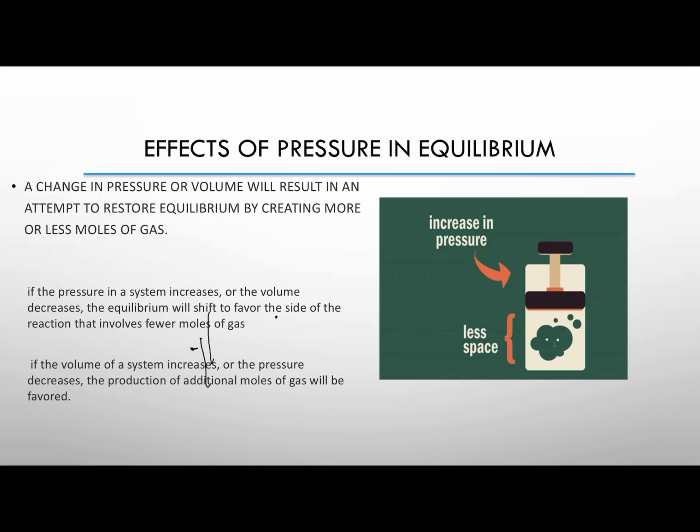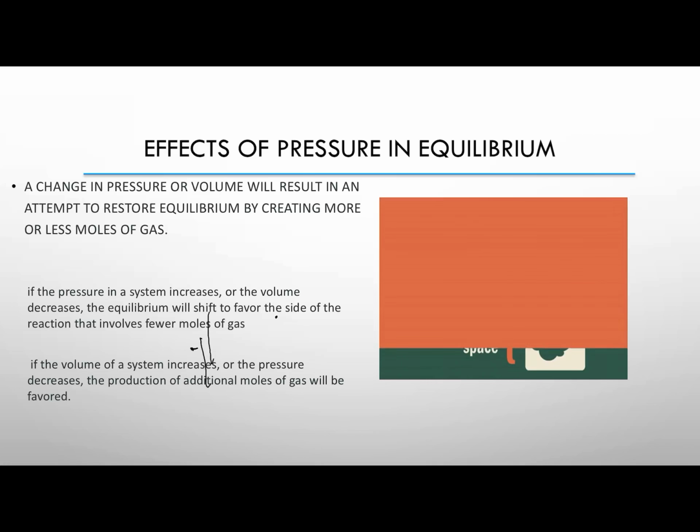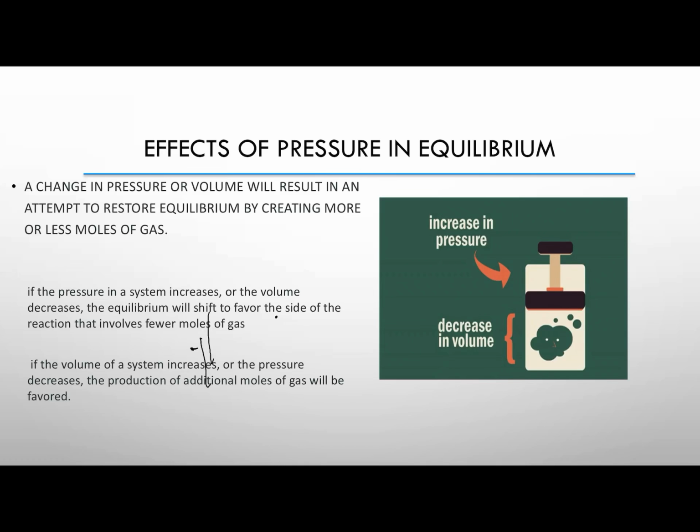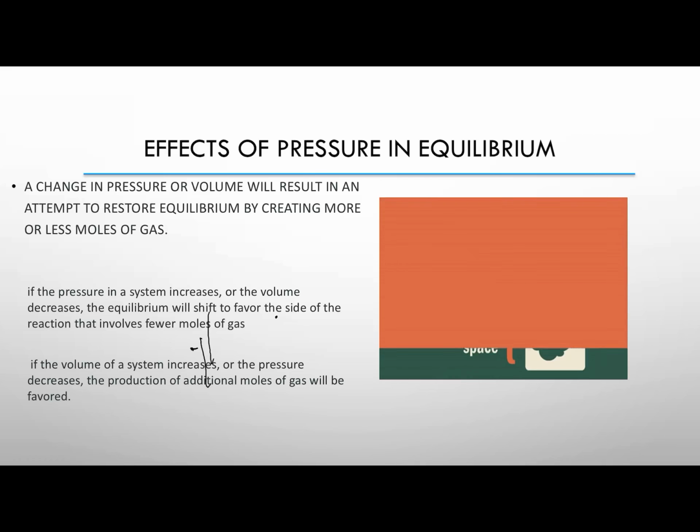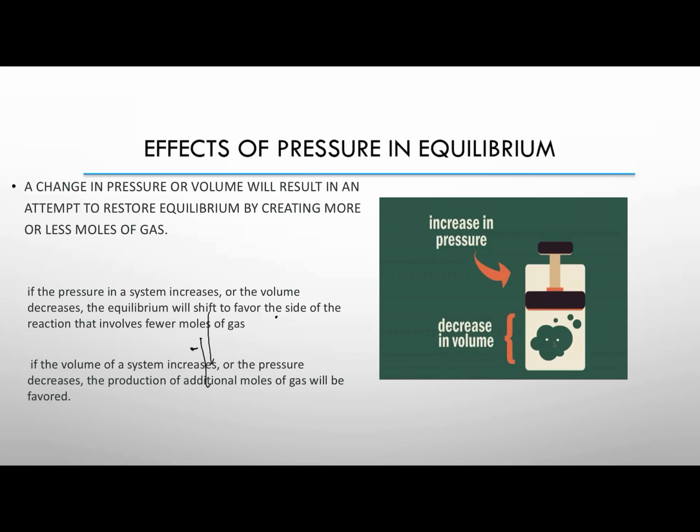Second is pressure. A change in pressure or volume will result in an attempt to restore equilibrium by creating more or fewer moles of gas. If the pressure in a system increases or the volume decreases, the equilibrium will shift to favor the side of the reaction that involves fewer moles of gas.